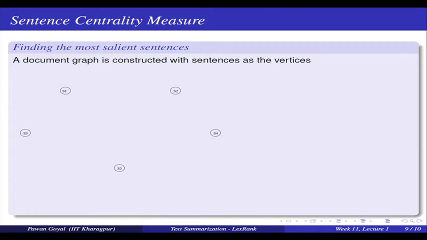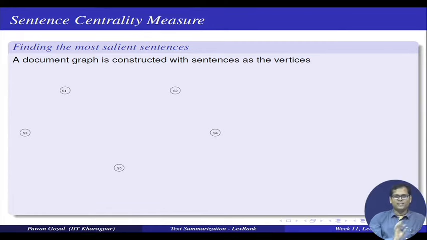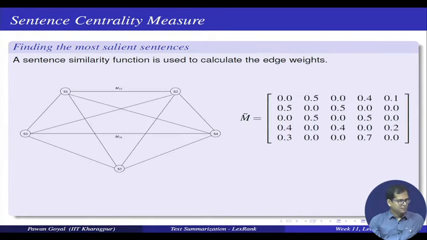So what do we do there? We construct a document graph with sentences as the vertices. That is easy. I know how many sentences there are, that many vertices I construct. Then I compute the similarity between sentences, and I construct a matrix. I can compute similarity between S1 and S2, S3 and S4 and so on by cosine similarity, and then I have a matrix of all the n cross n pairs.